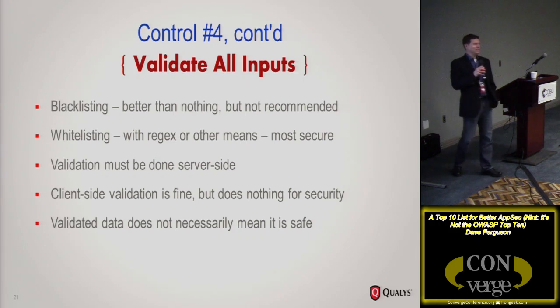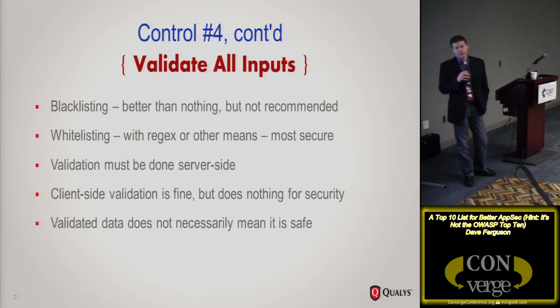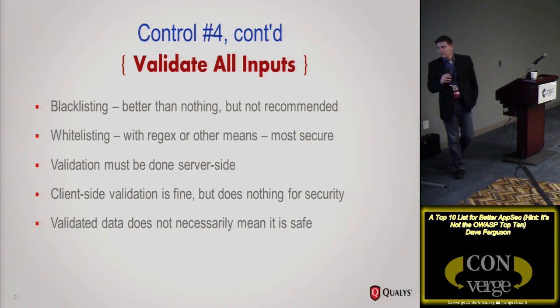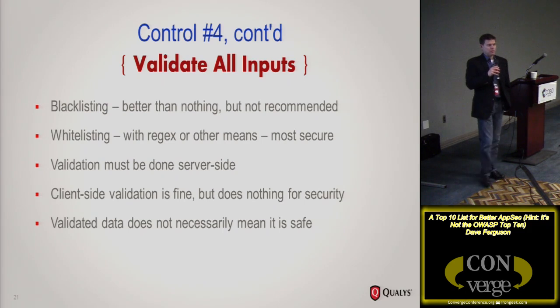Also, you've got to do the input validation on the server side. You can't expect something in the browser that's validating your data to help with security. Now, there's nothing wrong with it. You can certainly validate data on the client side in the browser, but again, it doesn't do anything for security. That can be bypassed very easily. Just use an HTTP proxy like Burp or Zap or something like that.